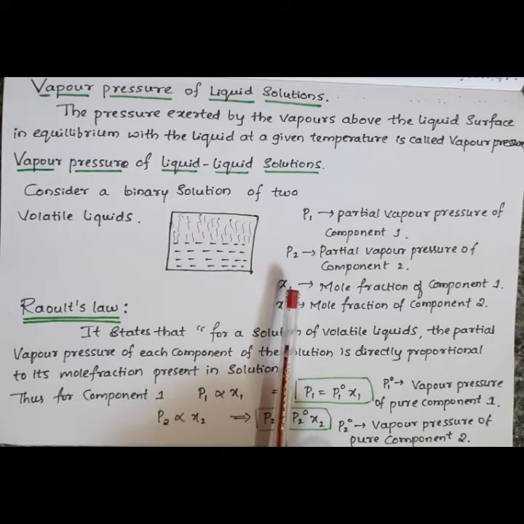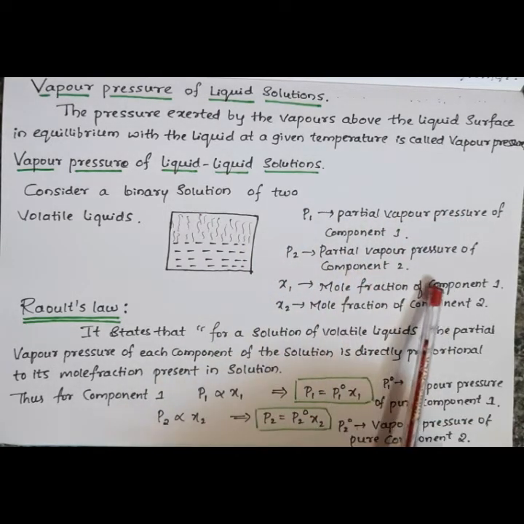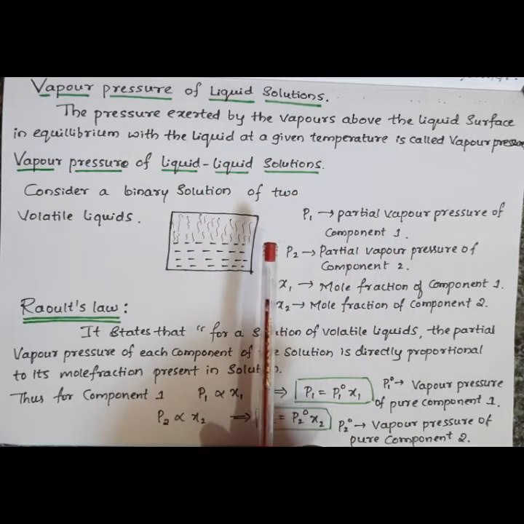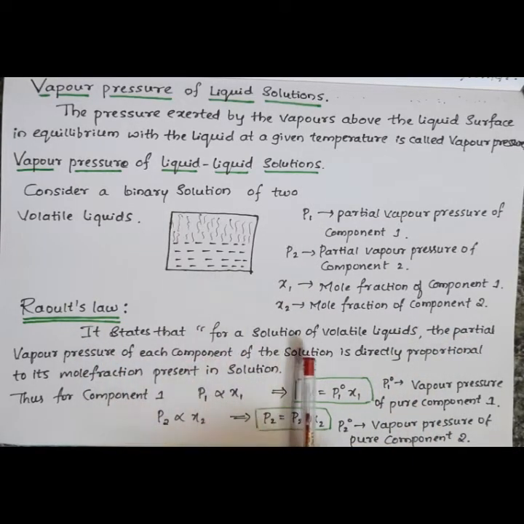That quantitative relationship between the partial vapor pressure and mole fraction of liquid solutions is given by a law known as Raoult's law. According to Raoult's law, for a solution of volatile liquids, the partial vapor pressure of each component of the solution is directly proportional to its mole fraction present in the solution.